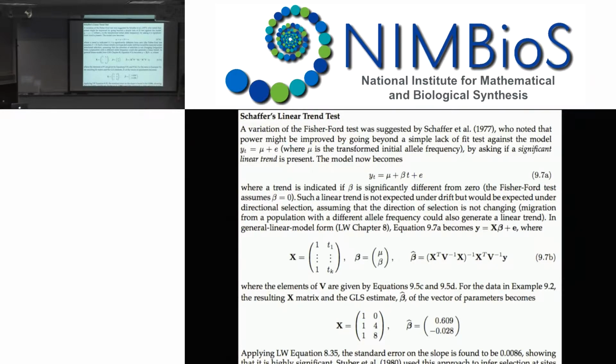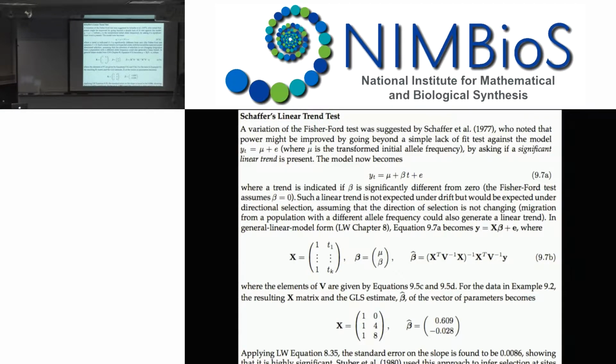And if so, it's further support, because not only do you show, number one, the deviations are too large relative to drift. To do that, you run the Fisher-Ford test, so you don't have beta, you fit a first model. Then you fit this second model and show that the linear trend term was significantly different from 0.